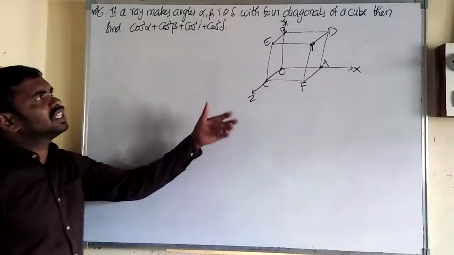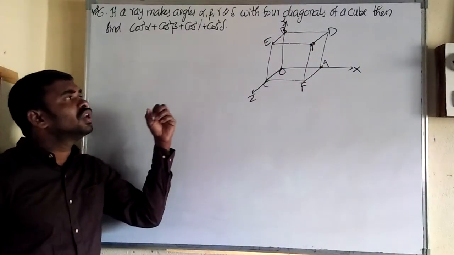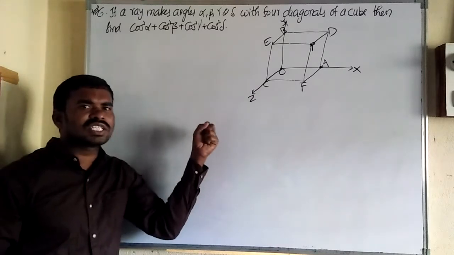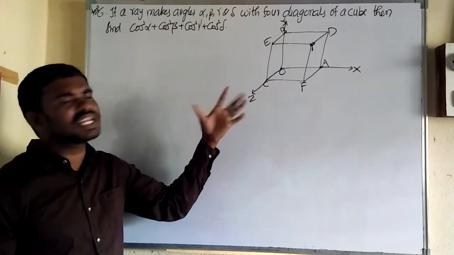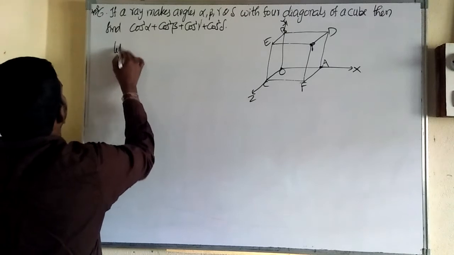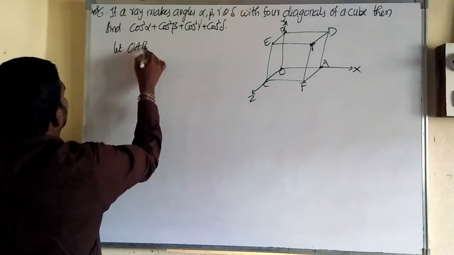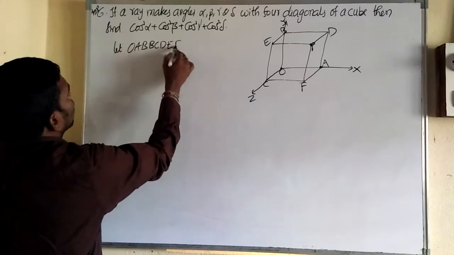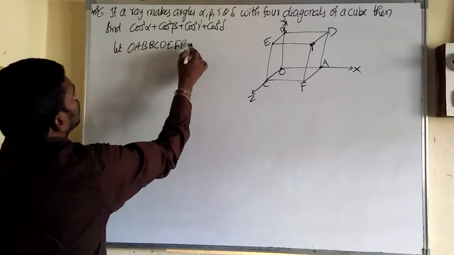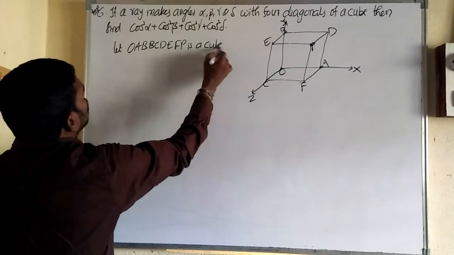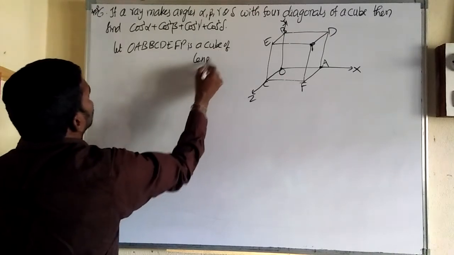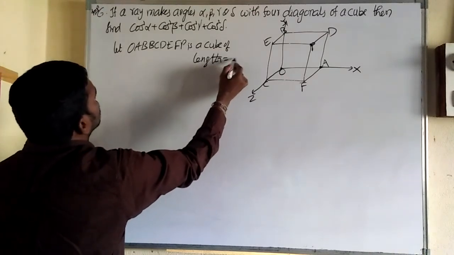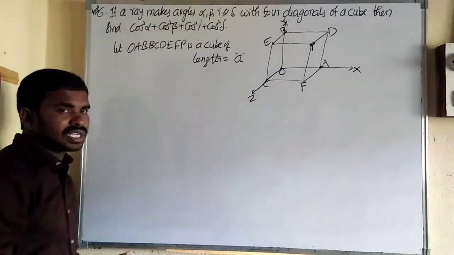See, if each length of a cube is the same, then I can take length as a. So let OADBCFEP be a cube of length equal to small a units I'm taking.